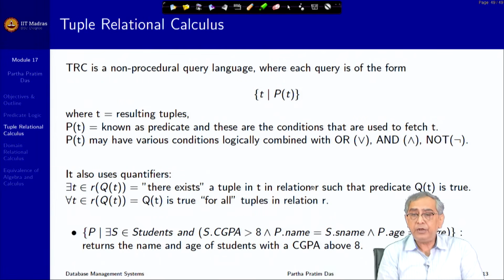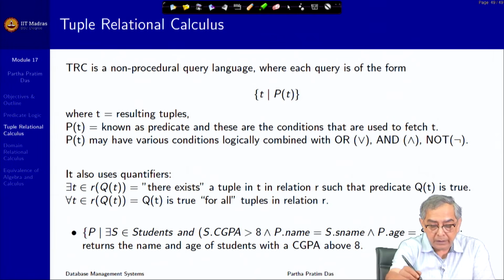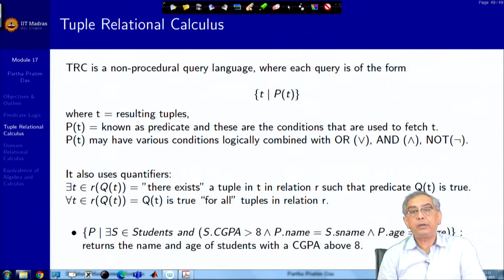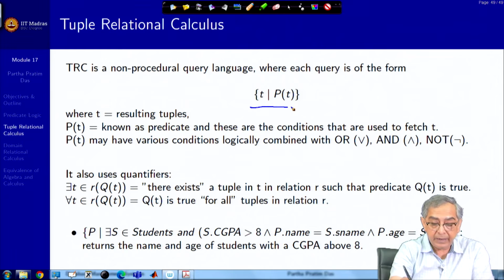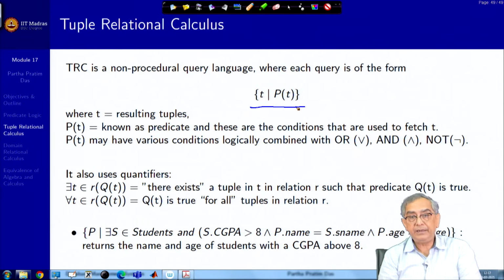In tuple relational calculus, all that we do is very simple. We say that the relation is basically a set of tuples t where P(t) holds good, that this predicate holds good.